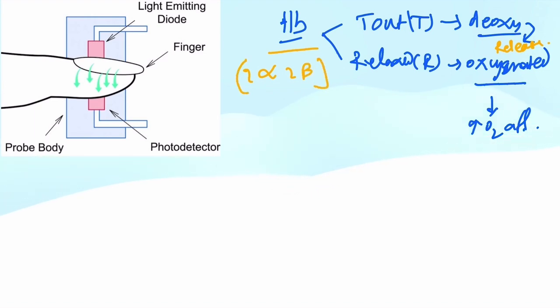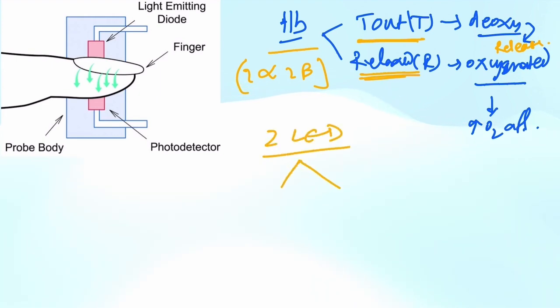Okay, so among these two major forms of hemoglobin, we need to estimate their relative concentration depending upon the absorption spectrum using two types of LED, right? So we'll take two light emitting diodes with two different wavelengths in which these two hemoglobin fractions will have maximal absorption, so that we can differentiate their relative concentration.